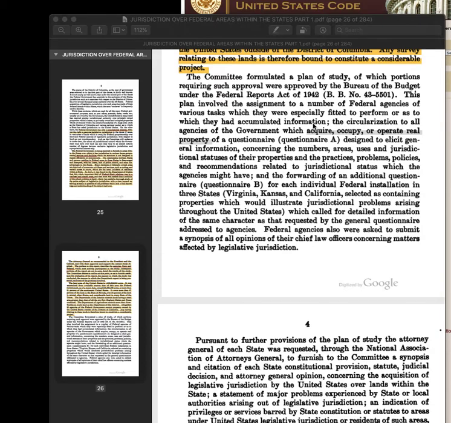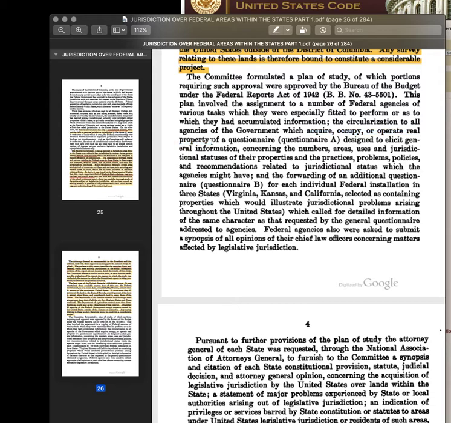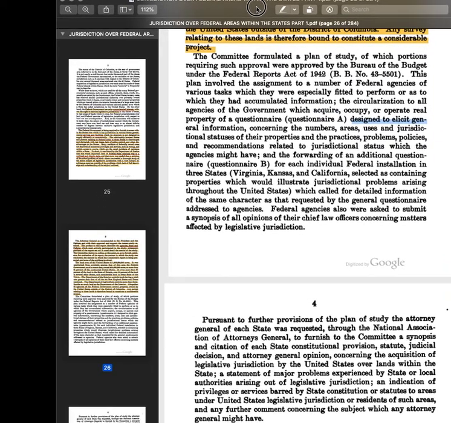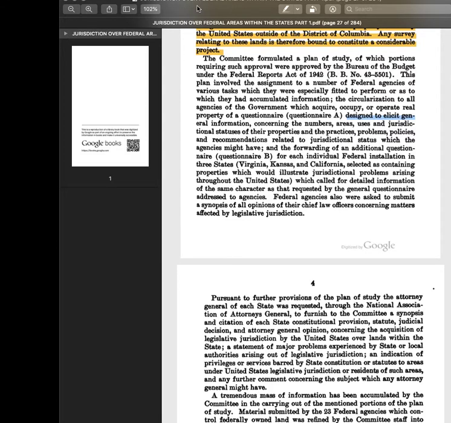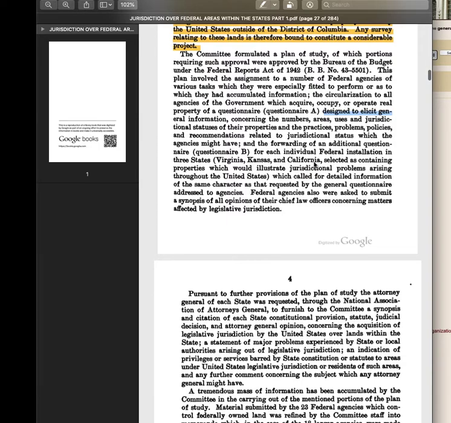So the report says acquire, occupy, or operate real property. Okay, they can acquire it by purchasing it, and then they can occupy it, and then they can operate on it. But we now have a federal government that creates corporations and allows the corporations to operate on those lands.